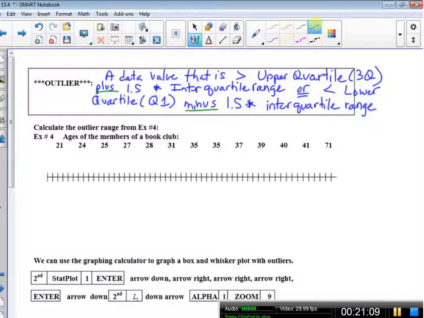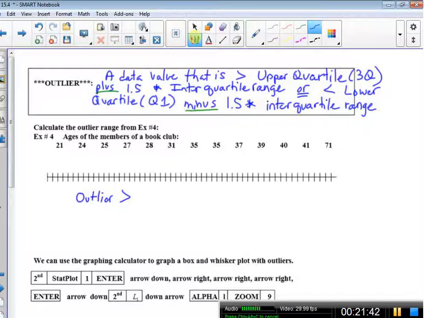Okay, so calculate the outlier range for exercise number 4, which was, I believe, the ages of members from the book club. So the outlier is going to be greater than, because it's on the outside of the third quartile, it's going to be greater than.